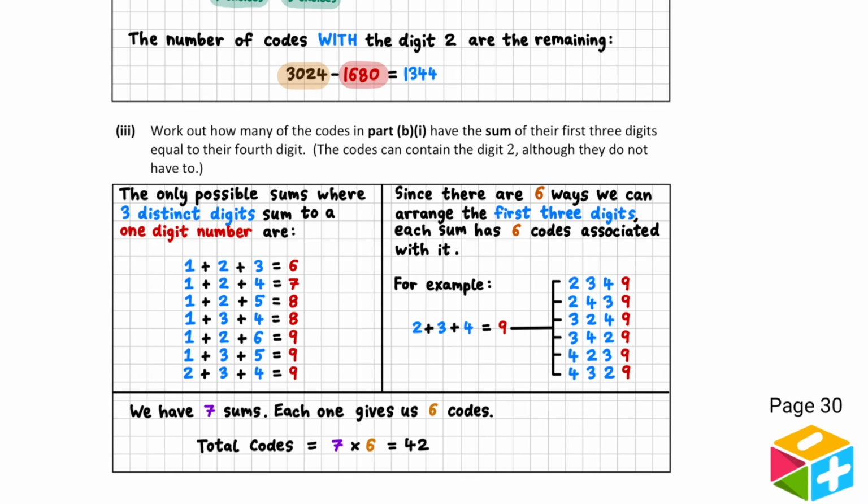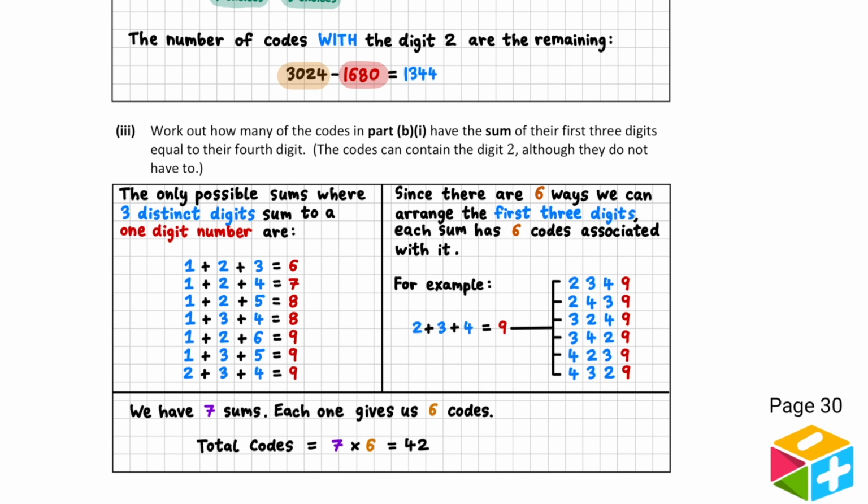For example, if you added 4 plus 6 plus 7, you would get 17, which is a 2-digit number. If we want the first 3 digits to sum to the 4th digit, this implies that the sum must be a 1-digit answer.